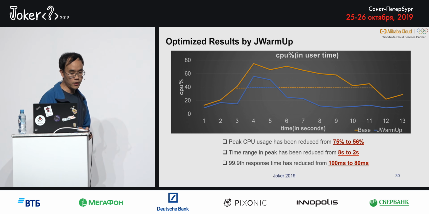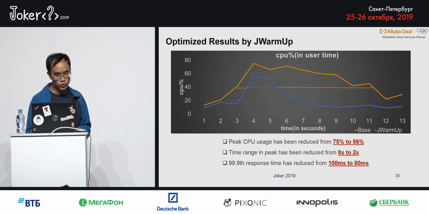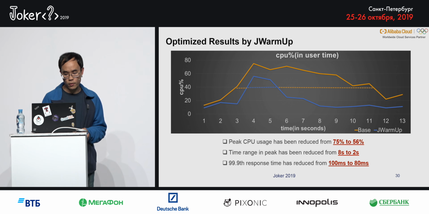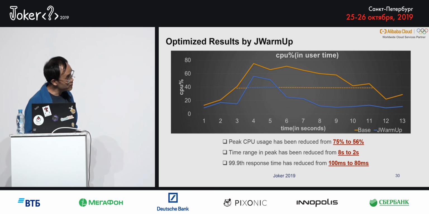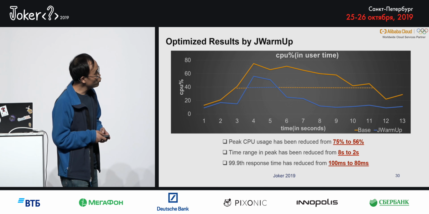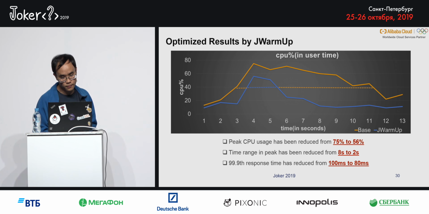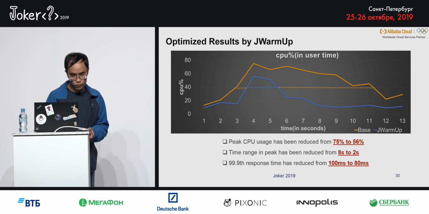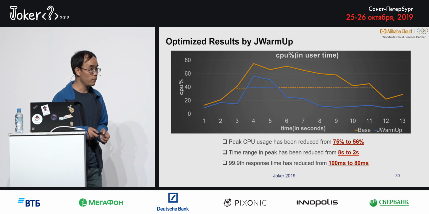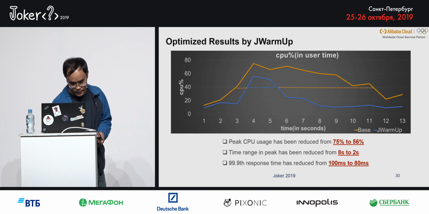Actually, the results are positive. First, peak CPU usage has been reduced from 75 to 56 in our situation. The time range in peak has been reduced from 8 seconds to 2 seconds. The worst response time has been reduced from 100 milliseconds to 80 milliseconds.